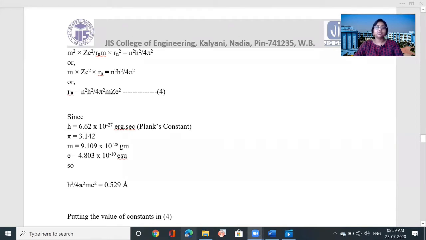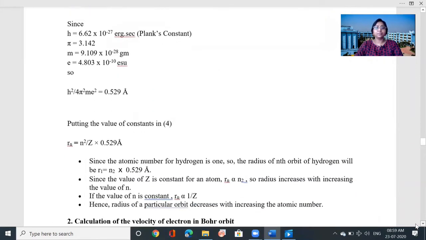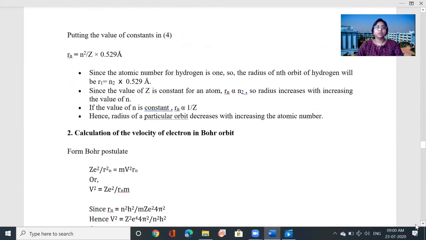So these are the values of constants that we have to put in equation 4. Okay, so what is equation 4? This one is equation 4. So if we put the values in this equation, we get the final expression. That is very important. So you remember this expression, that is a very important expression.